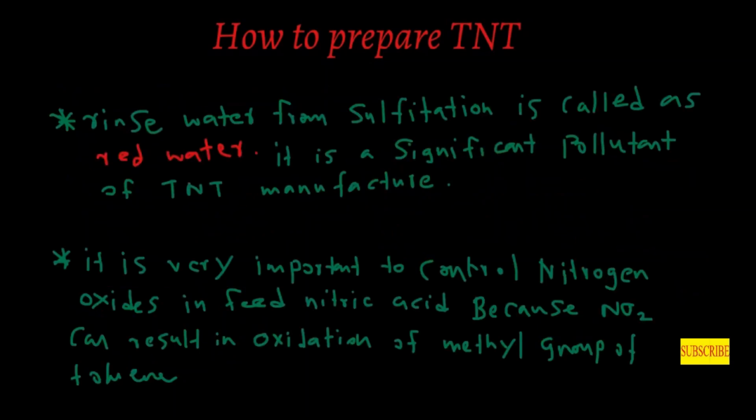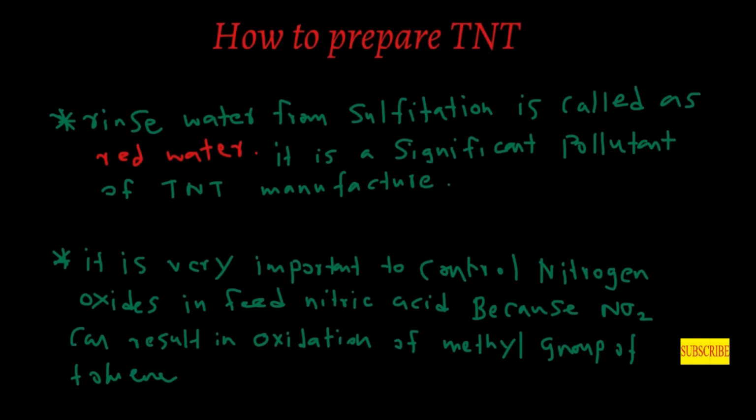In this mechanism, we need to memorize two very significant facts. First, rinse water from the sulfitation process is called red water. That is the very polluting product of this TNT manufacturing process.